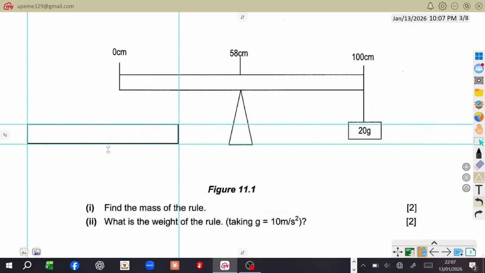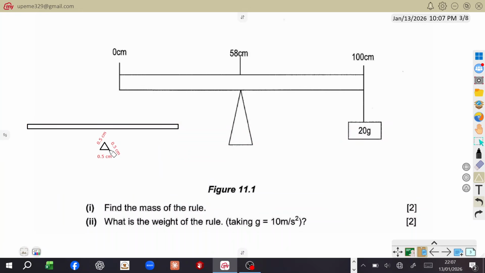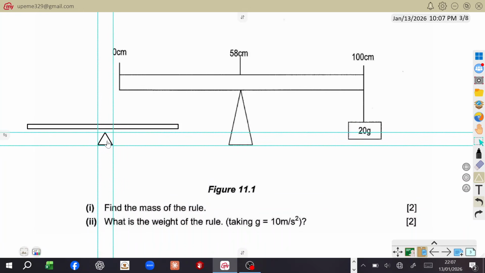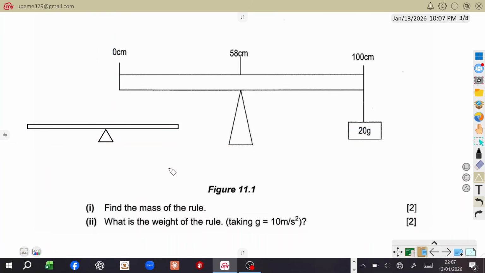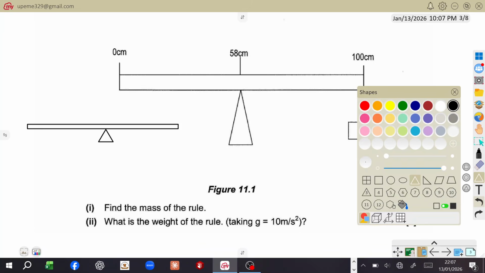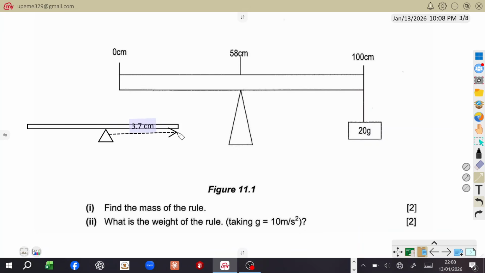If this is the center, at the center it should be like this. If it is a meter rule, at the center, this side should be 50, the other side 50. What am I saying? From here to there, 50 centimeters. From there to there, 50 centimeters.